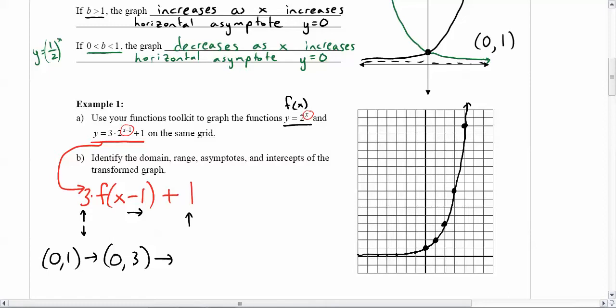Then I'll move up 1, or, well, I can go right to left, left to right. So times 3, then move it right 1, and then move it up 1. So my new graph has a point (1, 4).